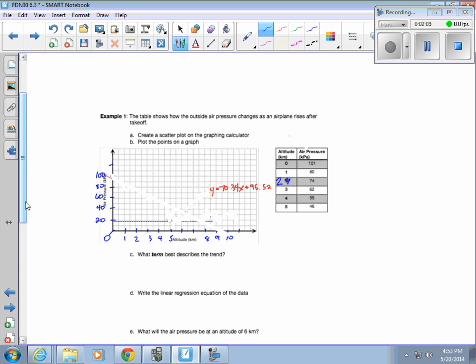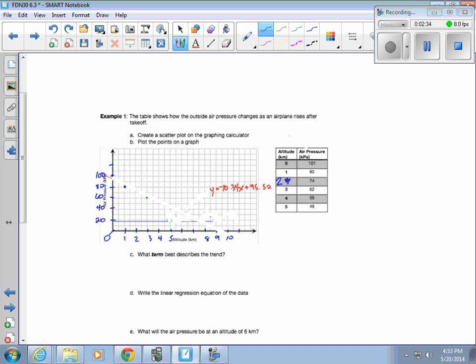To plot these, we have 0 and 101, so that's basically right there. 1 and 80, 2 and 74. I didn't move that one over far enough.